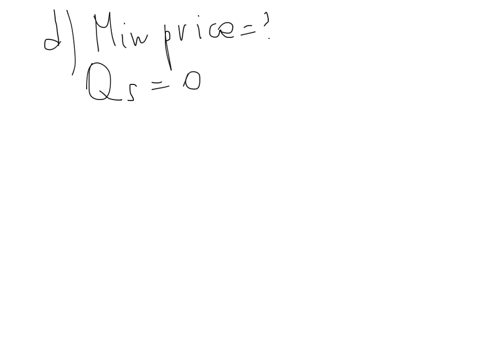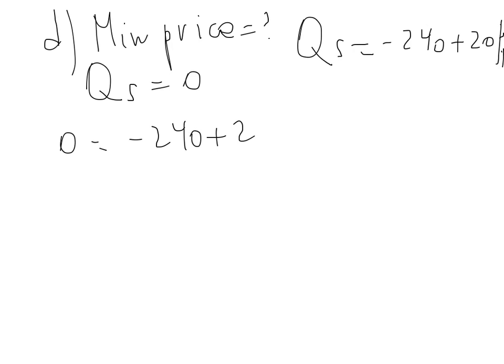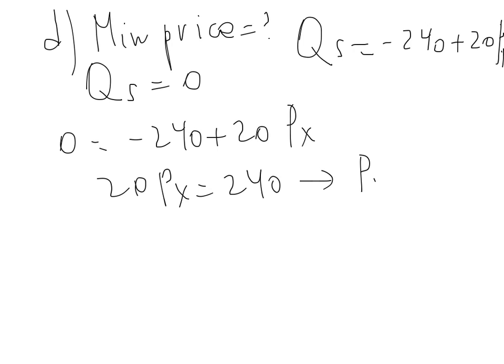What was the equation? Qs is minus 240 plus 20 px. So 0 equals minus 240 plus 20 px. That means 20 px is 240. So px is 240 divided by 20, $12. That's the minimum price.